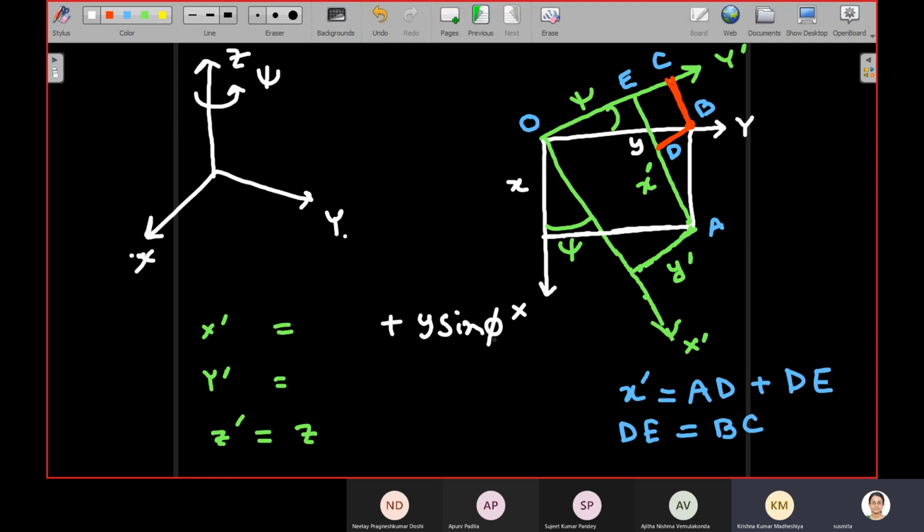AD is equal to AE minus BC, and AE will be x cos psi. You see what is x? What is written as x? This is x.